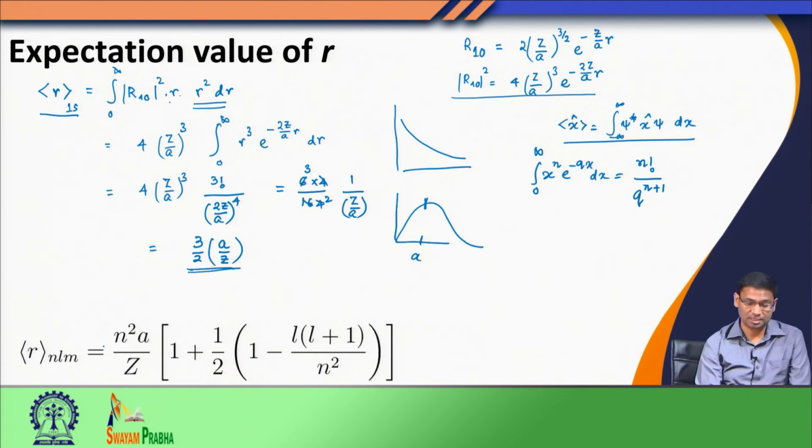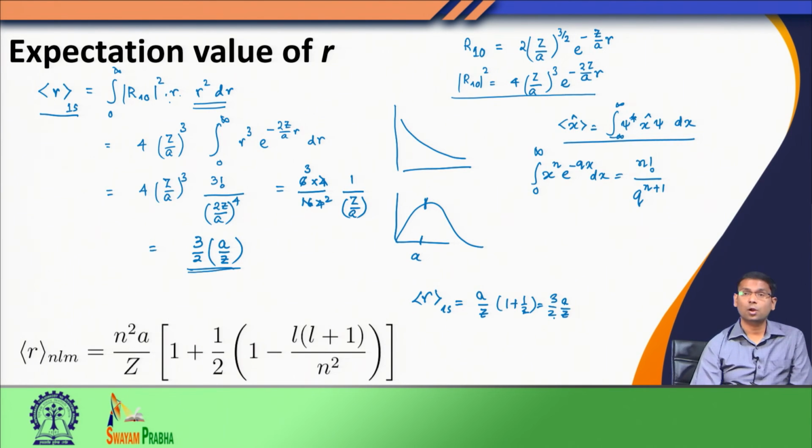What you notice here, for example, for L equals 0, in this case the 1s orbital, you can simplify this term. Since n is 1, I have a over z and 1 plus half into 1 minus this term, since L is 0, this term becomes 0. So, I have 1 plus half.